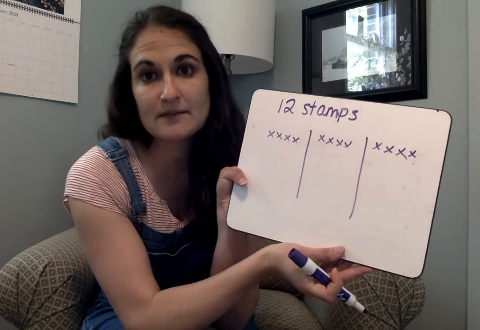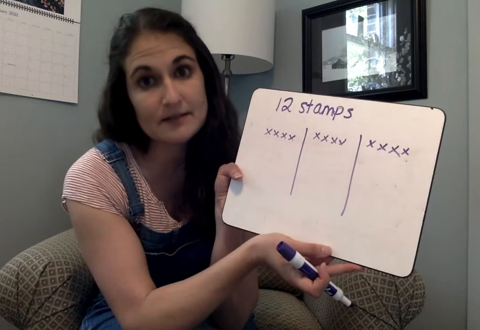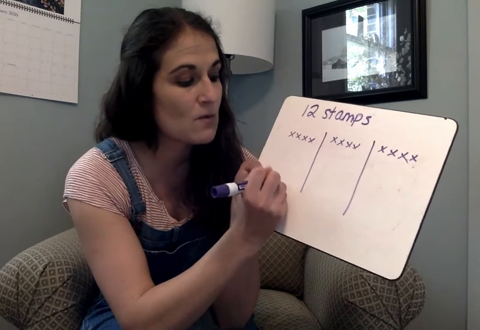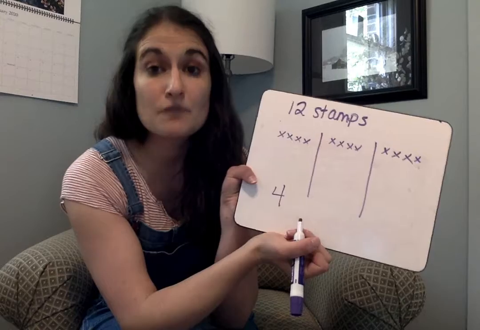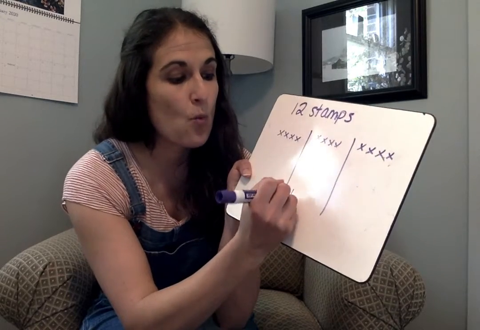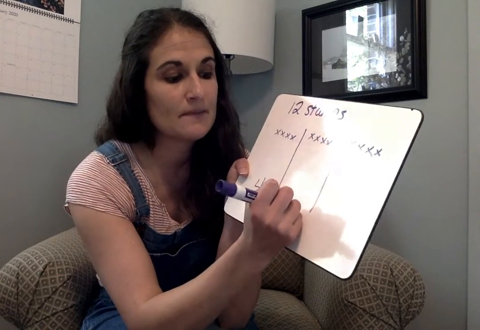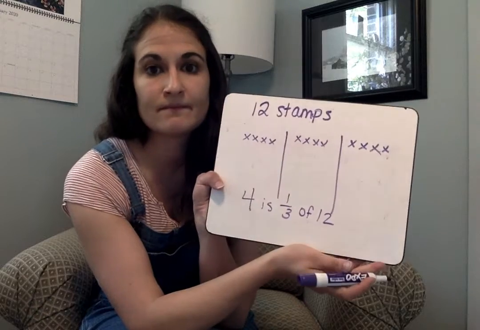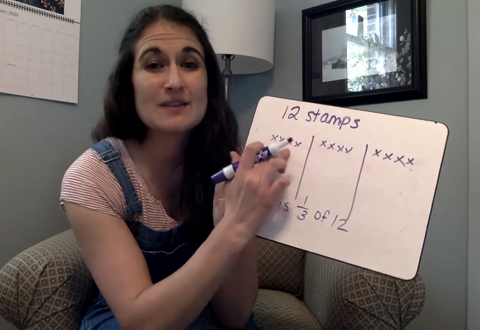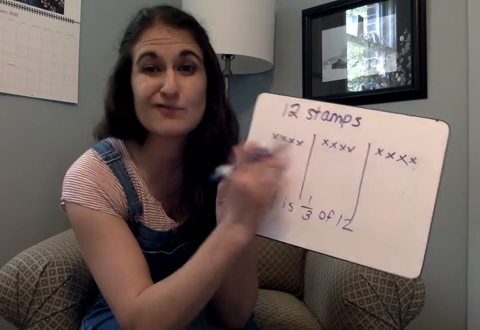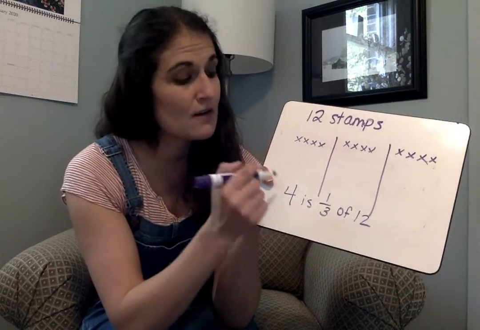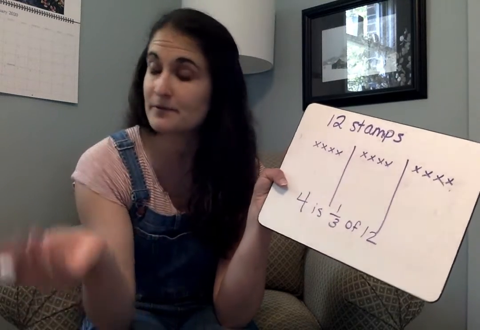If Julie divides her stamps into 3 pages equally, there's going to be 4 on each page. 4 is 1/3 of 12. It occupies one of the 3 spaces, 4. And I can think of it as 4 times 3 is 12.